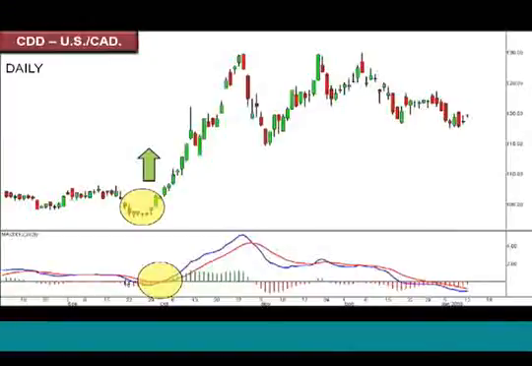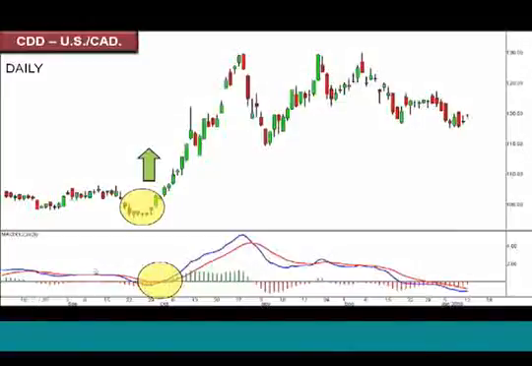And as our short-term signal line, or our 9-bar moving average, began to cross, what it suggested is that the preceding downtrend was now starting to lose momentum, lose strength.